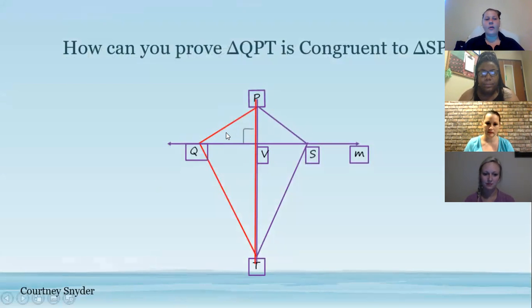If I were to fold this figure completely in half along this line, this triangle would reflect over onto this side, lining up perfectly with this purple outlined triangle. So that tells us that all of our sides and our angles are congruent.